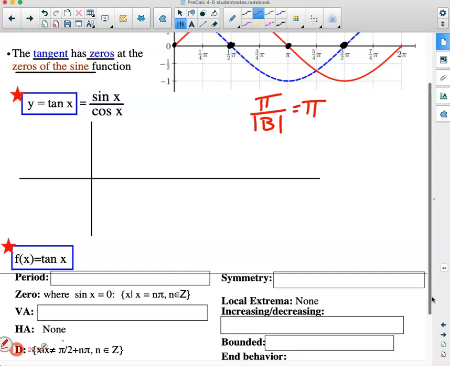And if we need 5 critical points, we're going to have to take a fourth of that. So we'd want our labels to be pi over 4s. Oops, better give myself some space here.